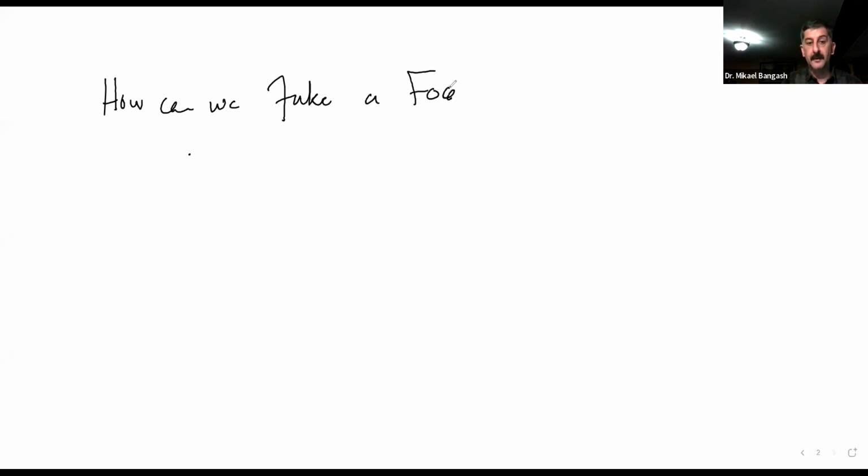Now, there is one way in which we can, let's say it this way, how can we fake a focal enhancement?